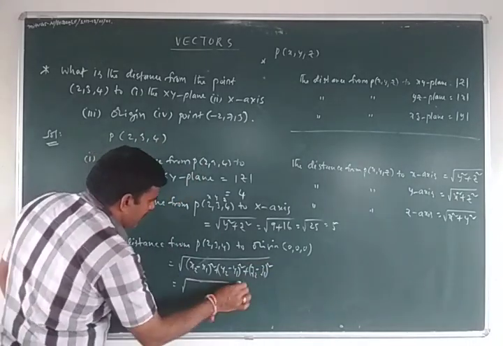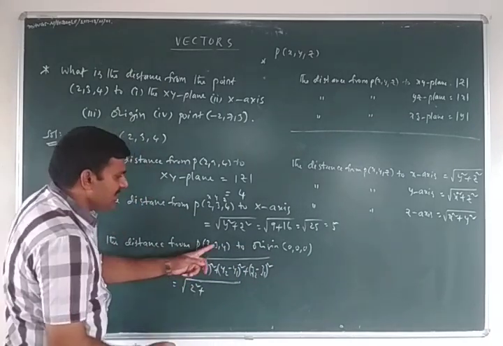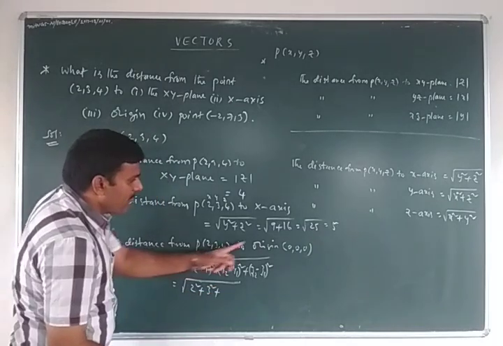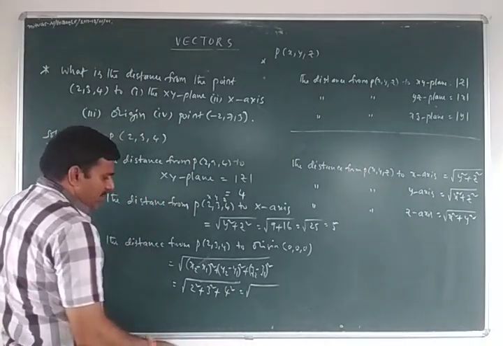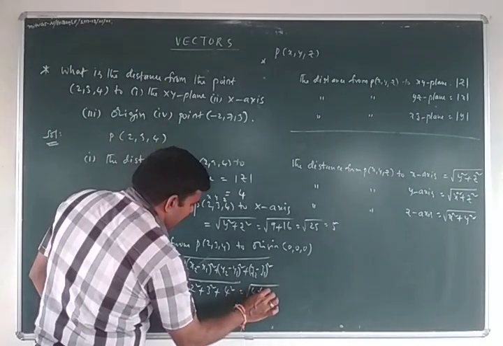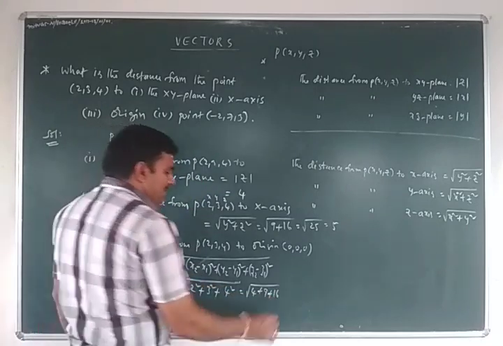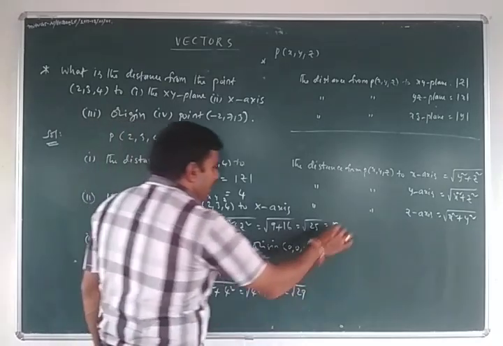This is equal to the square root of (2 minus 0) whole square, 2 square, plus (3 minus 0) whole square, 3 square, plus (4 minus 0) whole square, 4 square. So this is equal to the square root of 4 plus 9 plus 16. Therefore 25 plus 4, 29. So root 29 is the right answer.